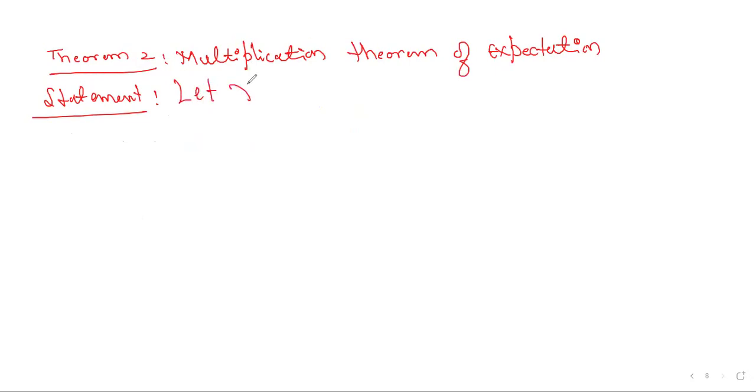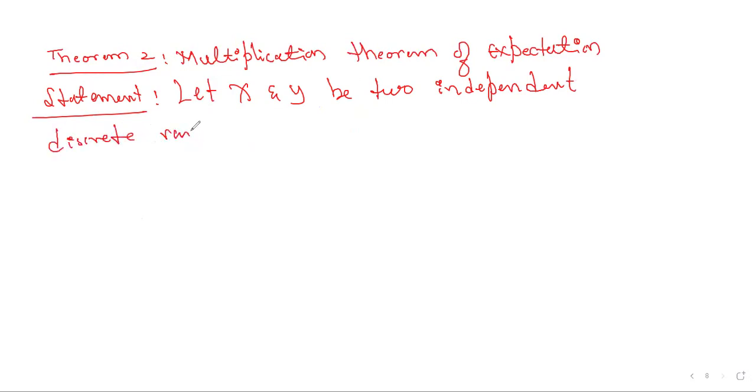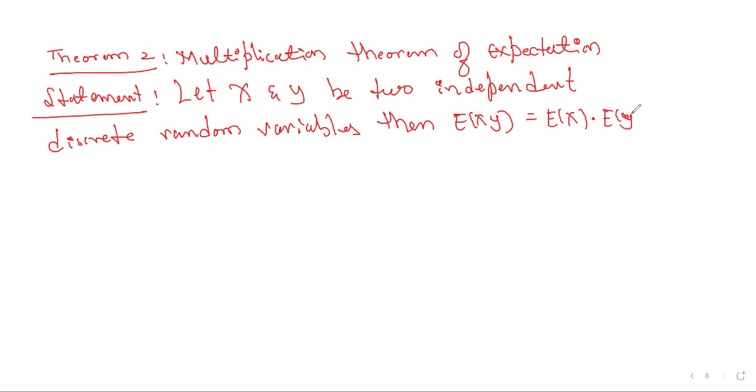Let x and y be two independent, discrete random variables. Then the expected value of xy is equal to the expected value of x into the expected value of y. So this is what the multiplication theorem of expectation says.